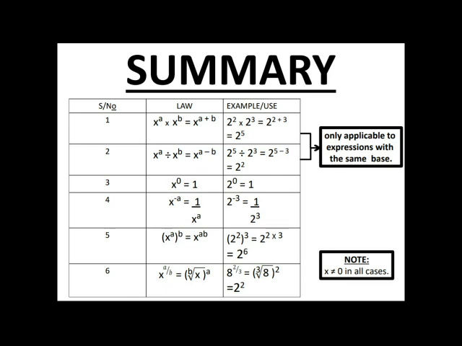The sixth law, which is the fractional index law, where we have x raised to the power of a over b, the denominator is expressed as the root of the base, and the numerator is expressed as the power or index of the base. That is all on indices.